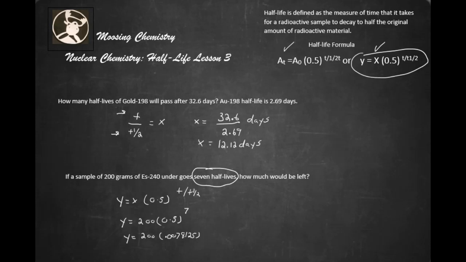You multiply that by 200, and that gives me approximately 1.56 grams of Einsteinium-240 left. So after 7 half-lives, you go from 200 grams down to 1.56 grams of Einsteinium-240.